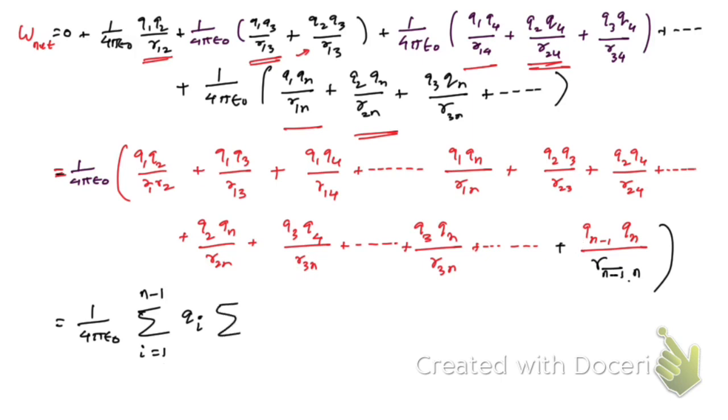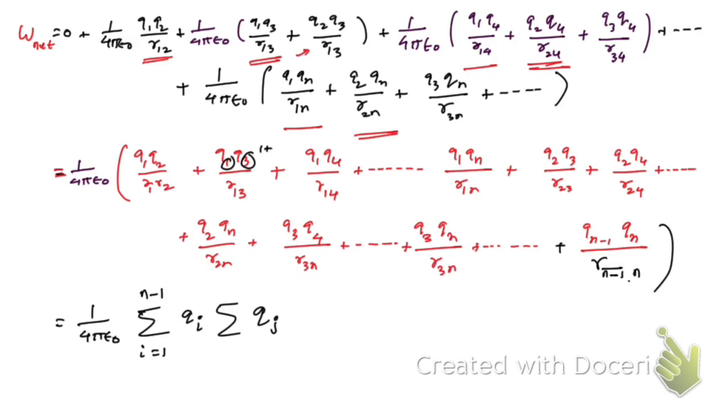Then into qj, the second charge, which is 1 plus 1, right? This is 1, and this one is 1 plus 2.